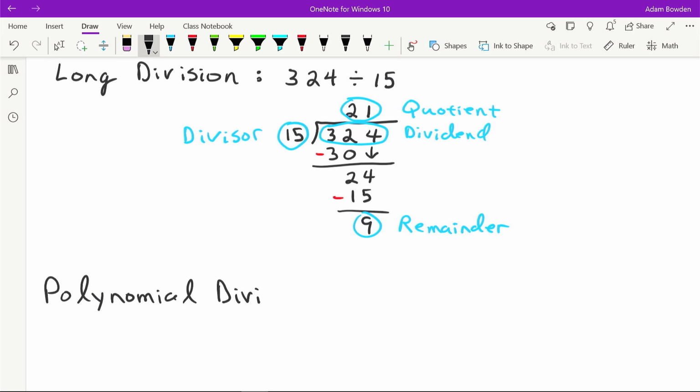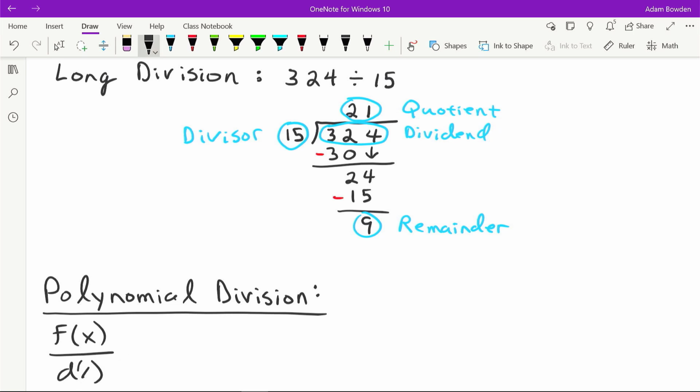When we write our result of polynomial division, we're going to be dividing things like, say, f(x) over d(x), or we might write it with the division symbol, f(x) divided by d(x), where f and d are polynomial functions.